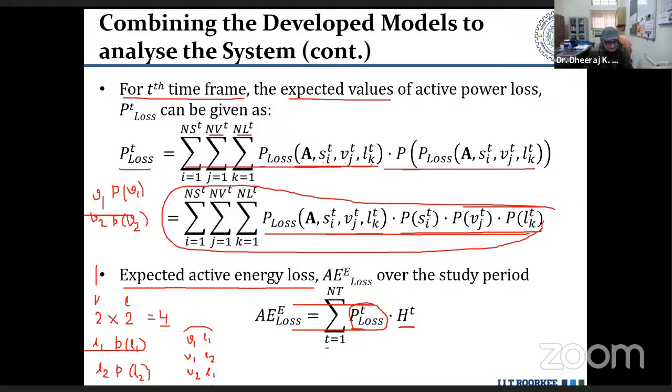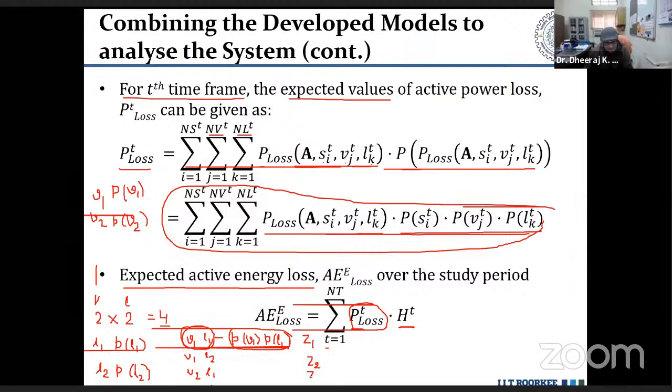What is the probability that this will happen? That is basically the probability P V1 multiplied by P L1. And any output corresponding to these values, let us say it is Z1, will also have the same probability. So we can compute the output corresponding to each combination: Z2, Z3, Z4.